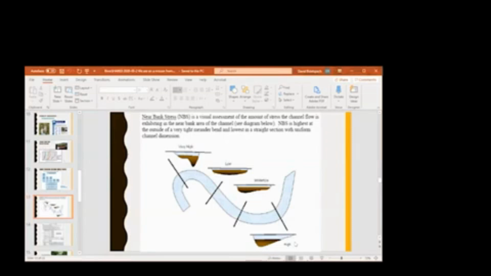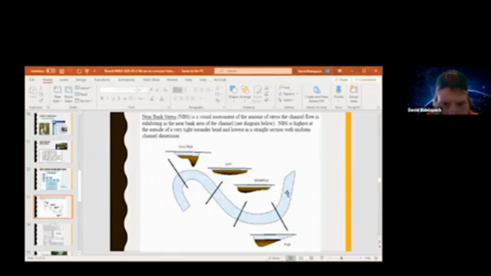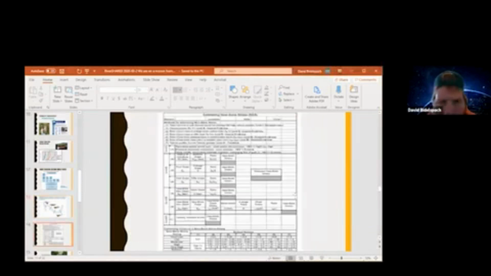You have to have some force applied to the bank or else you will not have deformation. So near bank shear stress is a way of calculating how much force is being applied to a potentially erosive bank. There are 7 different methods that Dave Rosgen had monitored that have been out there for probably 15 years now.